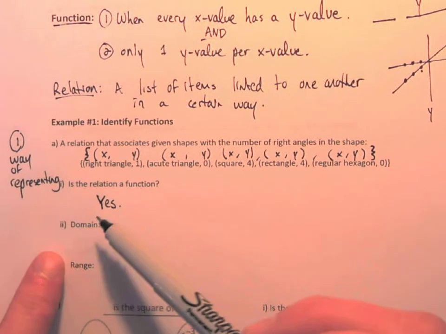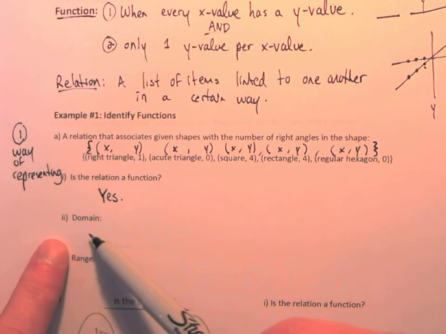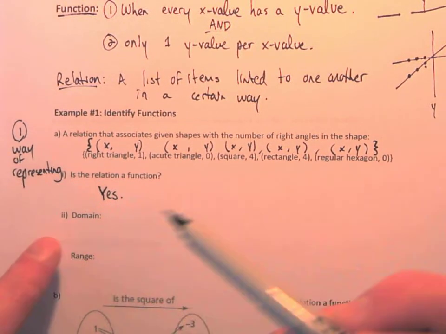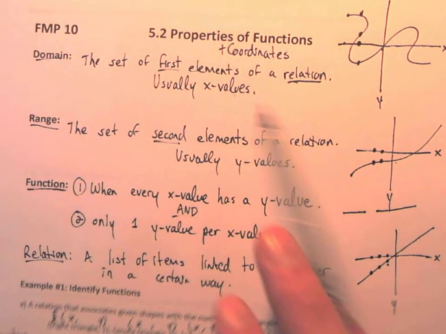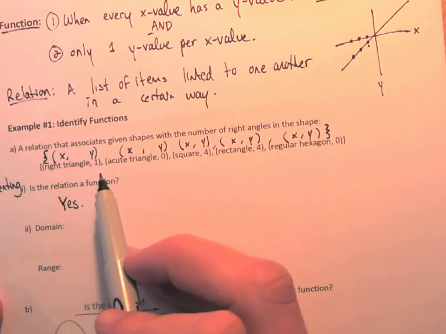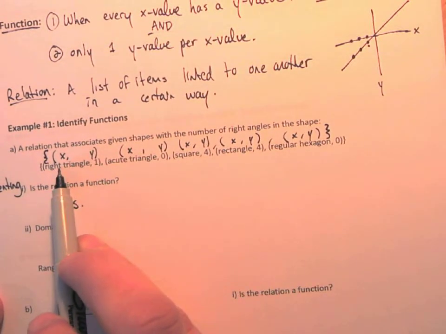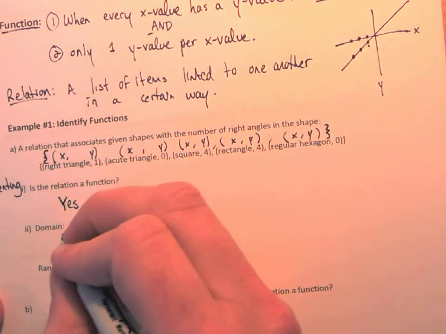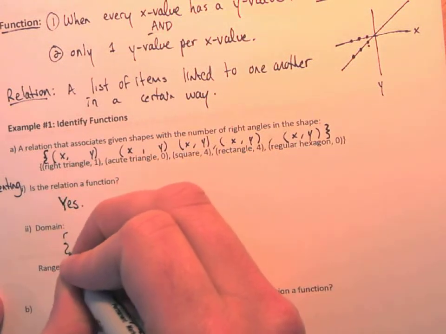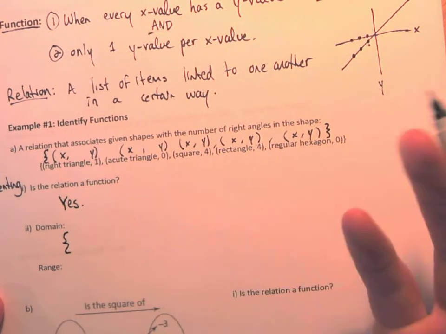Okay, so let's go to domain. This is important. You're going to be going through this a lot. Domain is the set of first elements of a relation, usually x values. So what are our x values here? We have right triangle, acute triangle, square, rectangle, and regular hexagon. We use curly brackets because the domain is the set of x values.